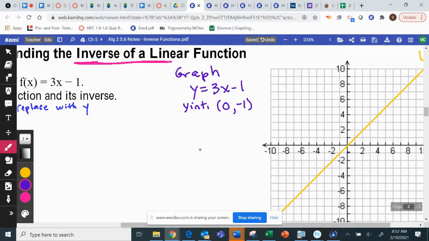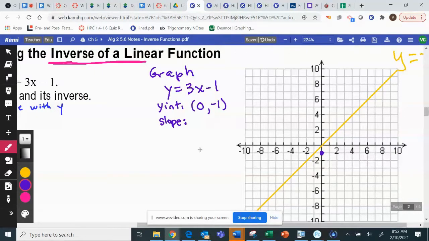Plot that. And then for lines, we use our slope value. So our slope is 3, which is the same thing as 3 over 1. So from our y-intercept, we go up 1, 2, 3 over 1, and repeat.